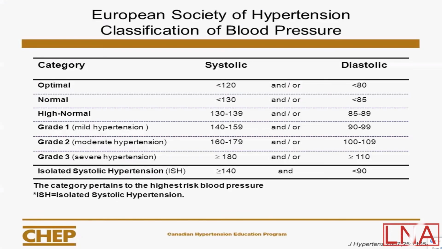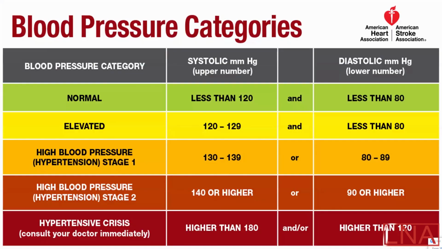First grade of hypertension is between 140 and 159, diastolic till 99. Second grade is 160 till 179 and diastolic from 100 till 109. And third grade is more than 180 and more than 110 diastolic. Here are the levels of the pressure.